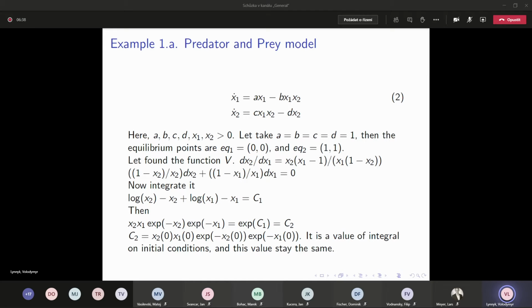Okay, the next example is a predator and prey model. x1 dot equals a x1 minus b x1 x2, and x2 dot equals c x1 x2 minus d x2. Here a, b, c, d are positive constants, and x1 and x2 are greater than 0, because x1 is a predator and x2 is a prey.